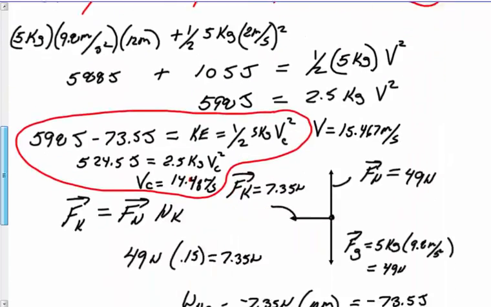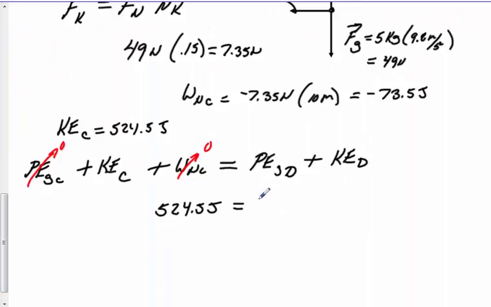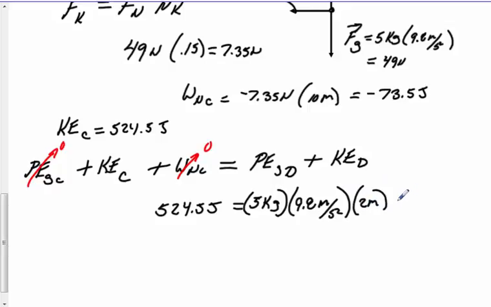So my gravitational potential here would equal the 5 kilograms, which is the mass, times my 9.8 meters per second squared times the height, which is 2 meters, plus 1/2 the mass times v squared.